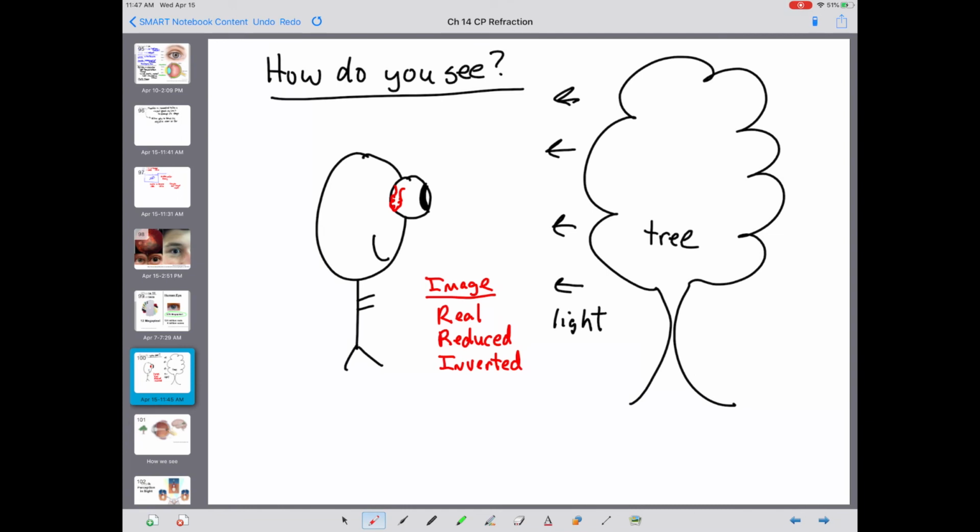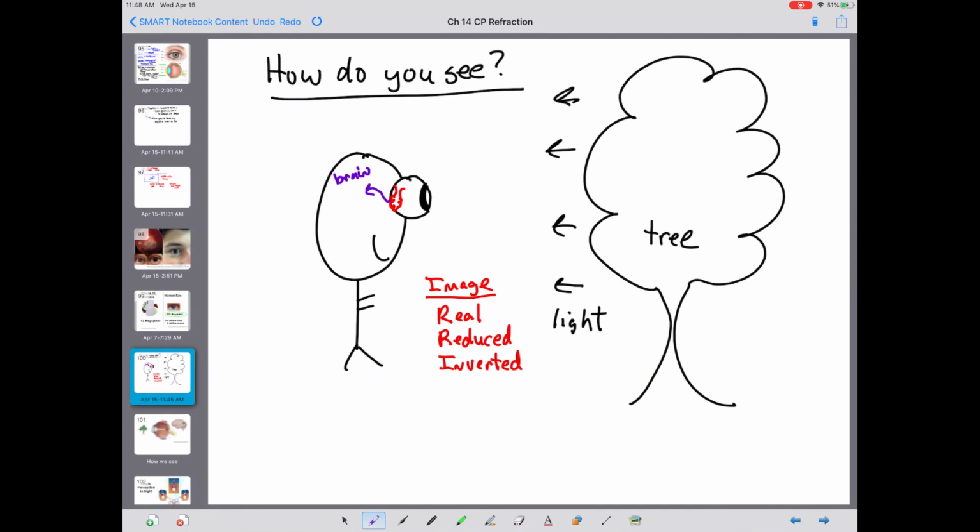There is an upside down image that forms on your retina, but your eye is not where you see, so then that signal goes to your brain. So from your retina, that signal is going to your brain, and your brain has to interpret that image. Now, if you saw everything upside down, but then with hands and feet felt everything right side up, there would be a sensory conflict in your mind.